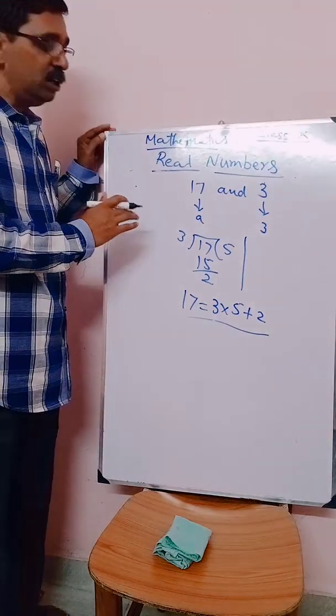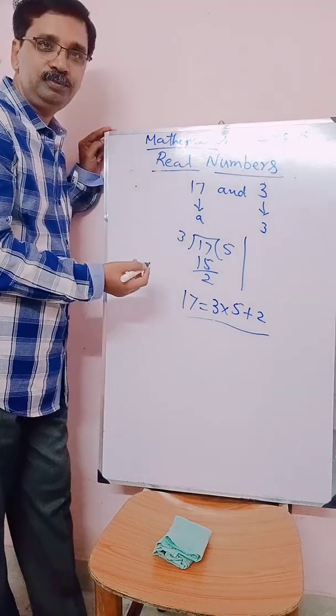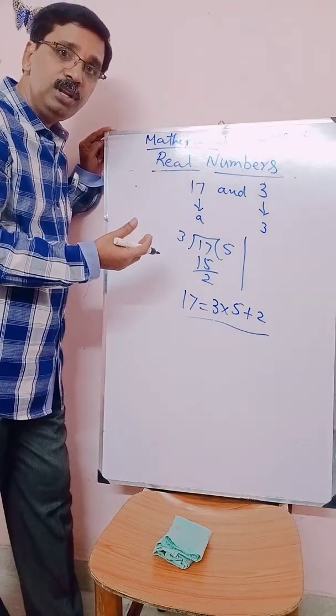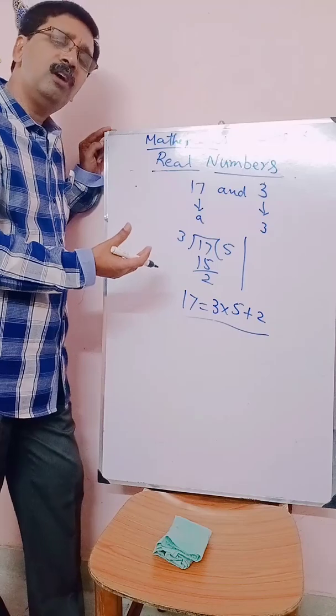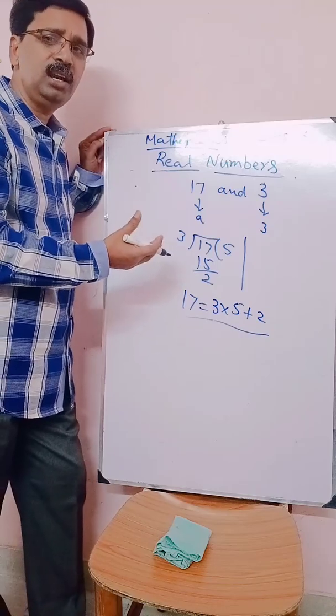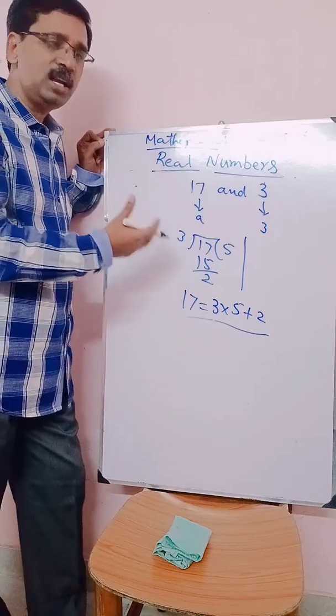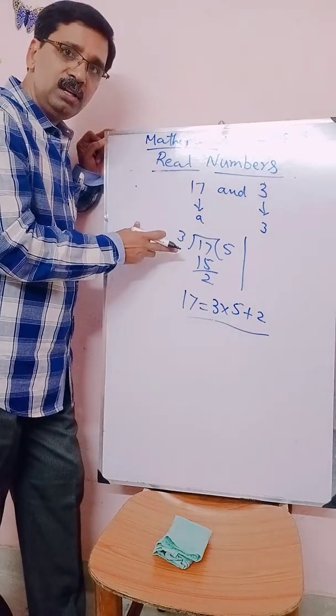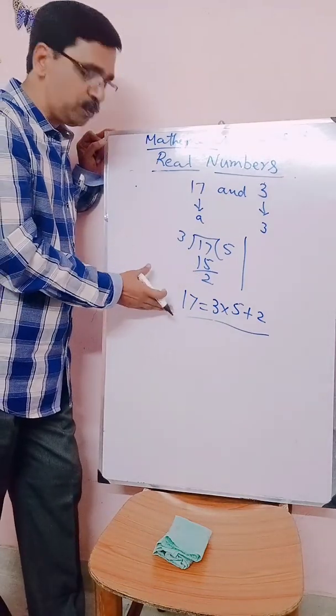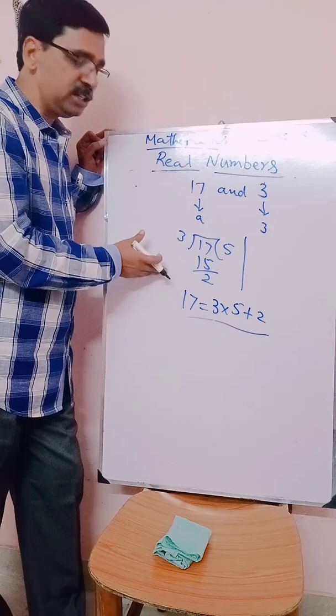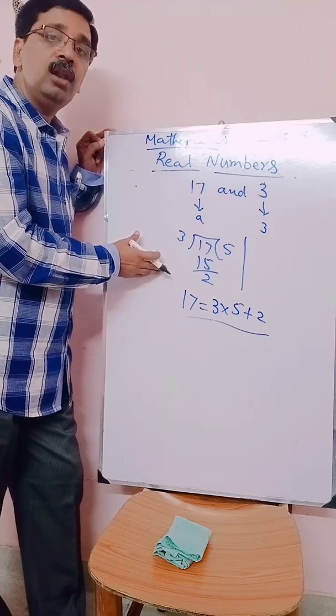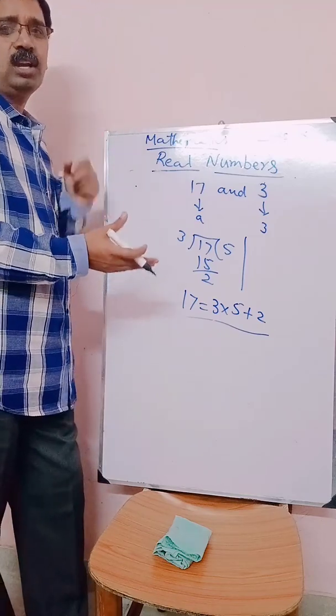Now, you take many more examples like this. How do you take the numbers? The two numbers you take, first divide the bigger one by the smaller one and express it this way, as I showed in the example. Now, how do you pick them? You can play a game for this.